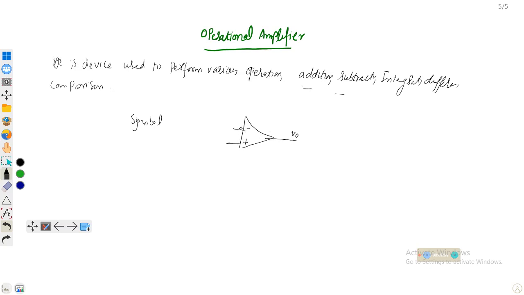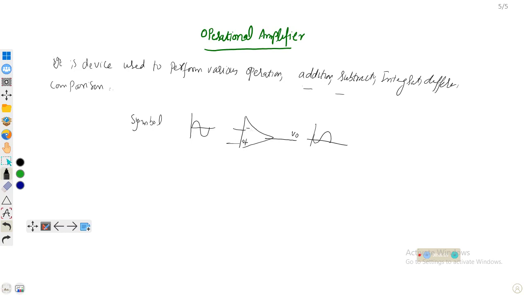So it contains two input terminals. This is inverting. Inverting means if you give an input like this one, the output will be out of phase. So it will invert the input signal.